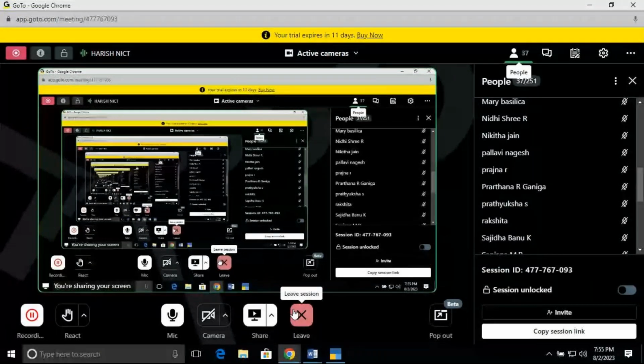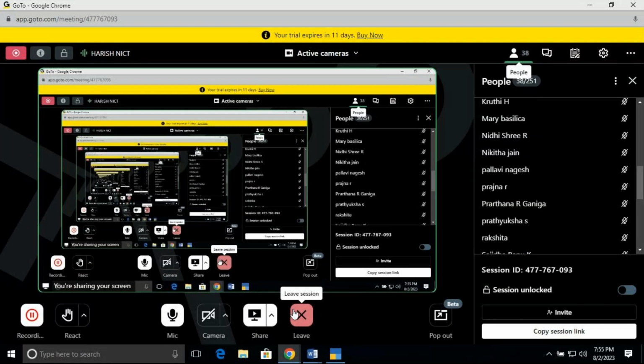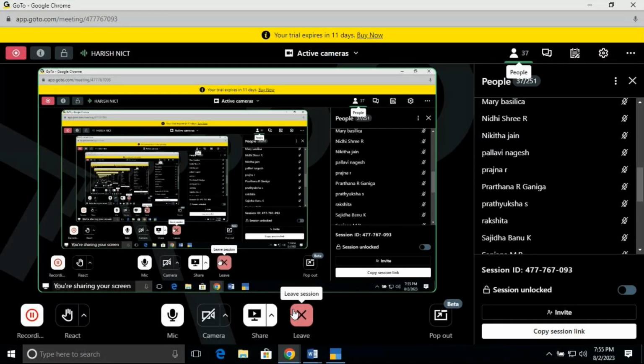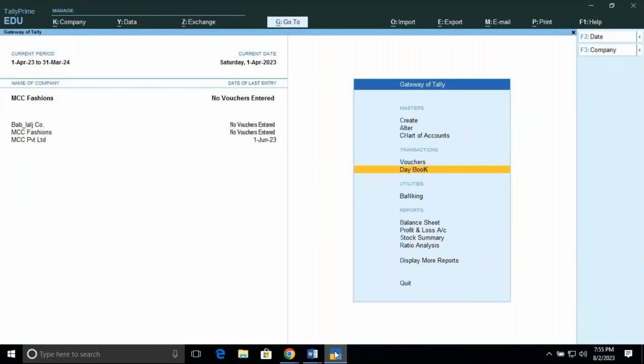Now you tell me how to go about. You are the accountant, your job is to capture, your job is to record. So how to go about? Write the journal entry. Solution, step number 1, write the journal entry.